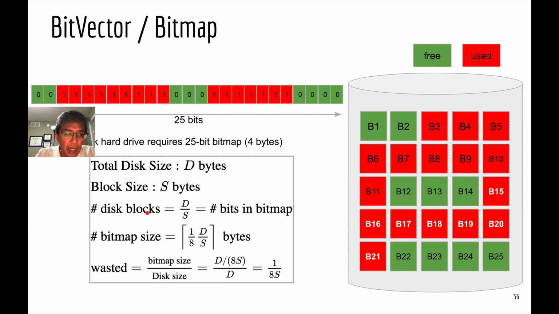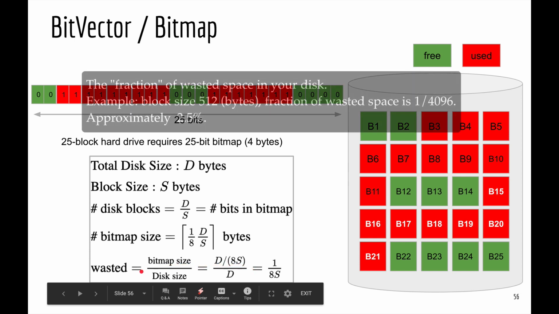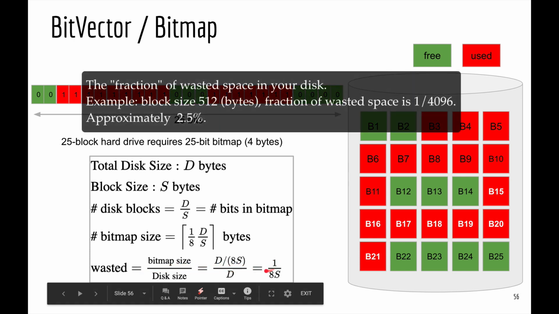But since one block requires 1 bit in our bitmap, this number is also the number of bits that we have to allocate in our bitmap. To calculate the size of the bitmap in bytes, we have to divide this number by 8 and round it up. And if you count the wasted space, we just divide this number by the total disk size. If you do the math, the amount of wasted space will be 1 over 8s.